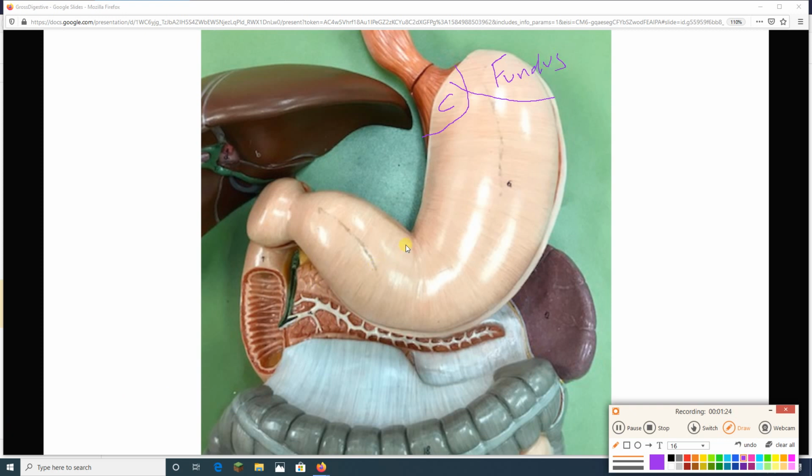Then the vertical part, so I'm going to draw a line there to separate it, is the body of the stomach. And then this last part, the more horizontal part towards the end, is the pylorus or the pyloric part of the stomach.